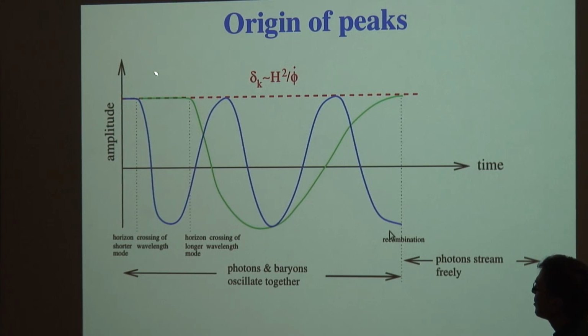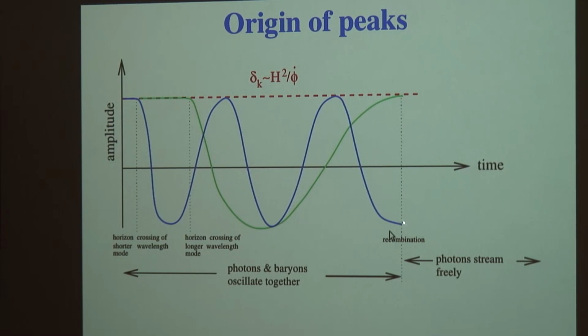A longer wavelength one doesn't start oscillating until it crosses the horizon a little bit later. It oscillates with about the same amplitude, but you can see because of this time lag, it's out of phase with the other one. And so these sound waves are all out of phase with each other depending on their relative wavelengths.